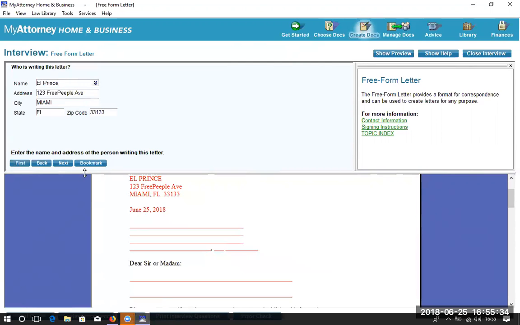I'm at 123 Free People Ave, in the territory of Florida, and the city is what's commonly known as Miami, out and loose within the taxable coded. The zip codes are actually an interesting thing, but that's not for this video.